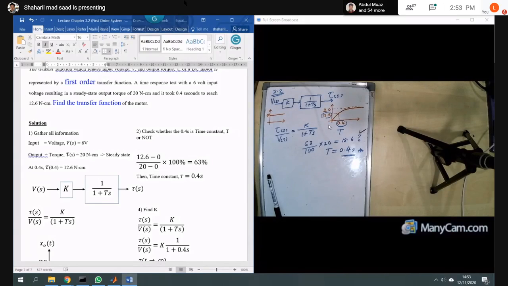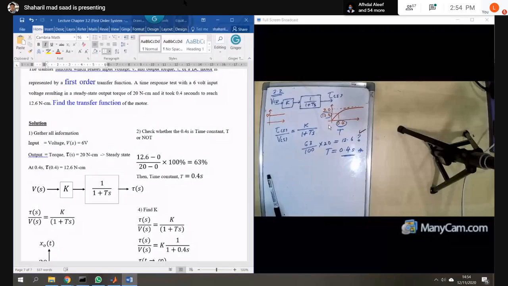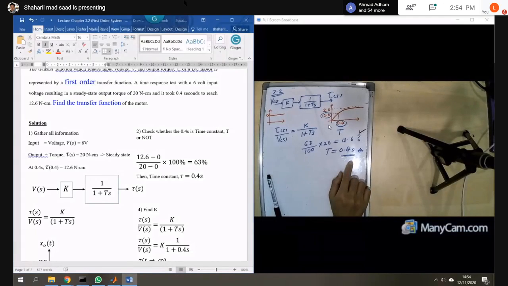If it starts from 0, you can take 12.6 over 20, or you can do 63% times 20, so you get 12.6. Do you have any questions so far?